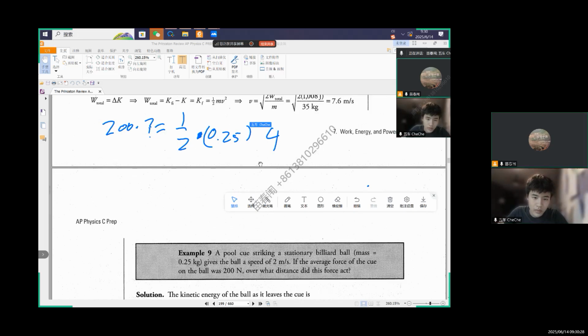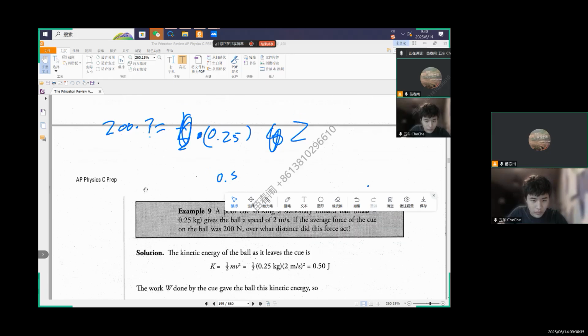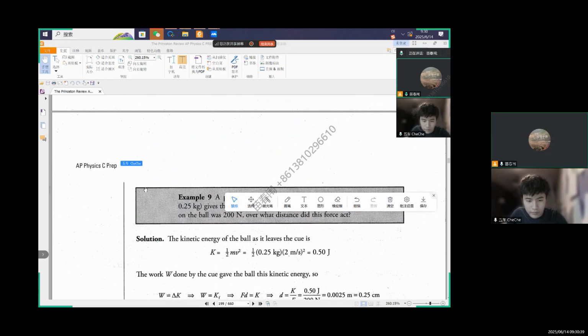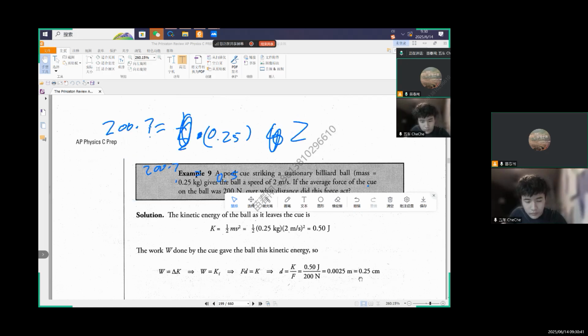So this is also the theorem. Then you can find it. The calculation eventually gives 0.25 centimeter.